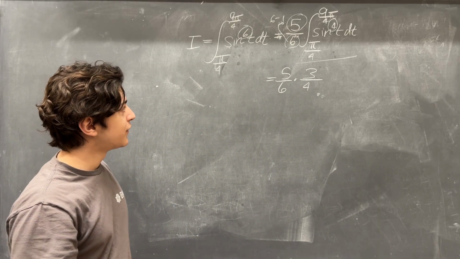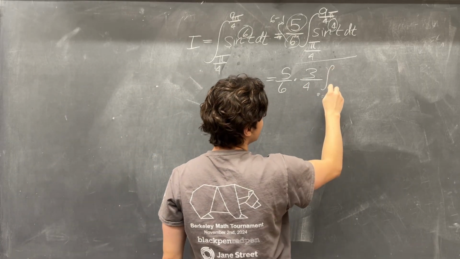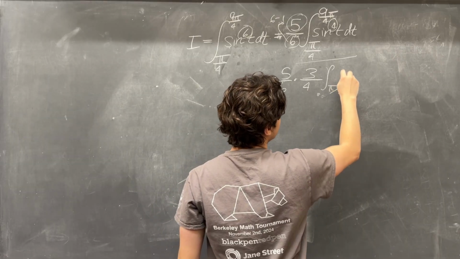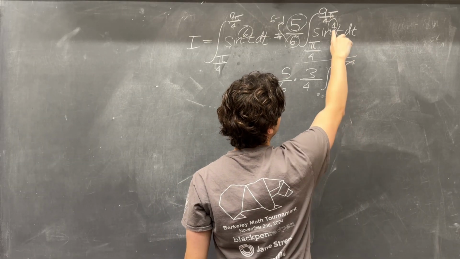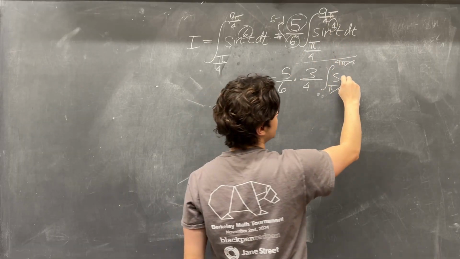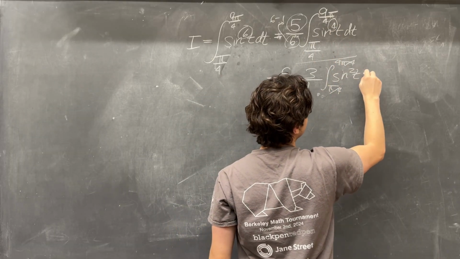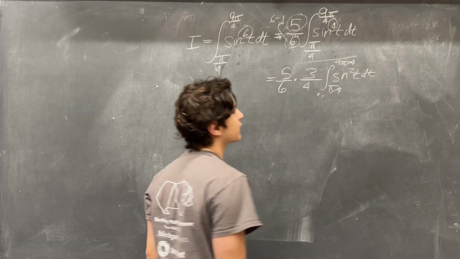All right, now this thing, remember, is now times the integral from pi over 4 to 9 pi over 4 of sine, well, now that we decrease the power by 2, sine squared t dt.